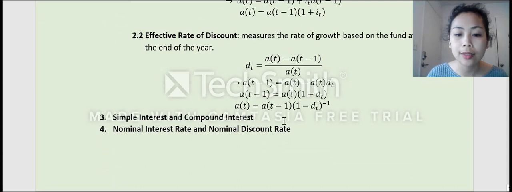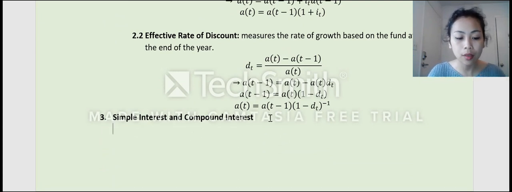Now we go to the next thing, that is simple interest and compound interest. 3.1 Simple interest.